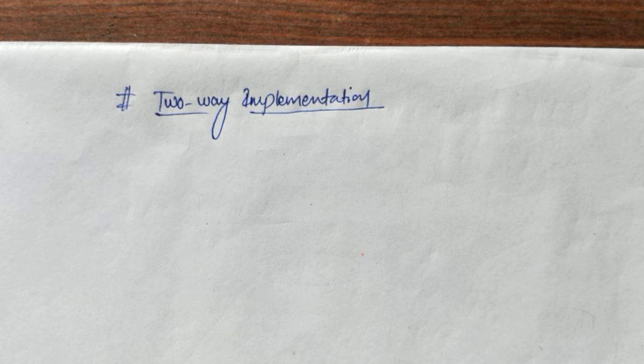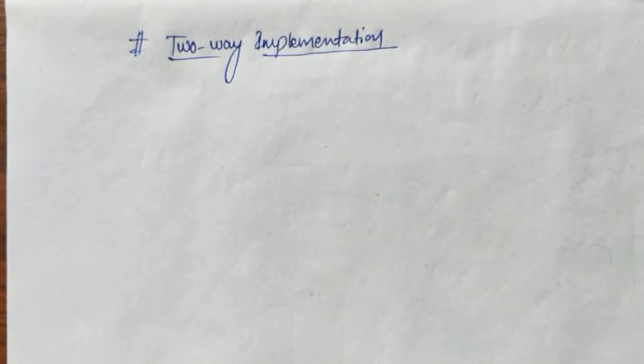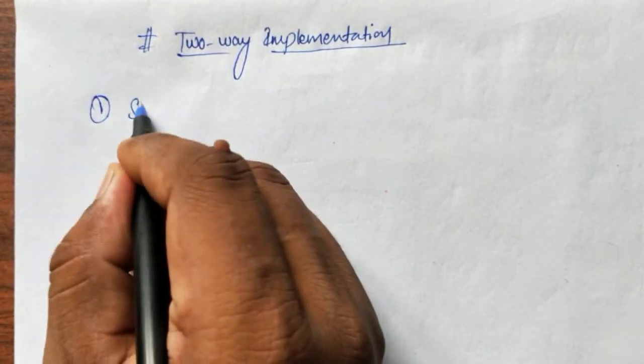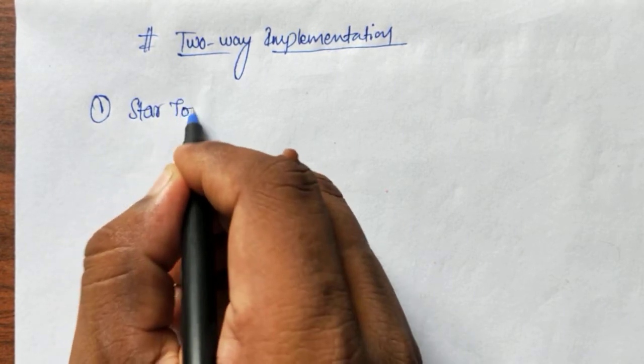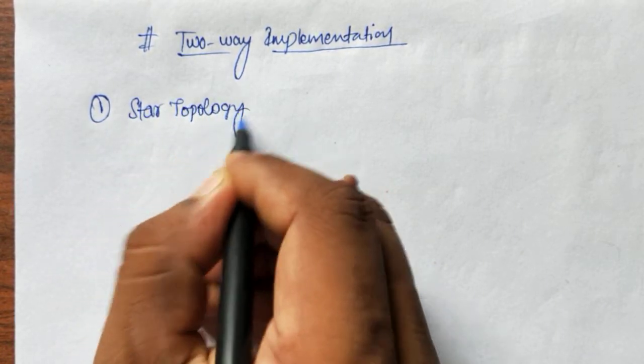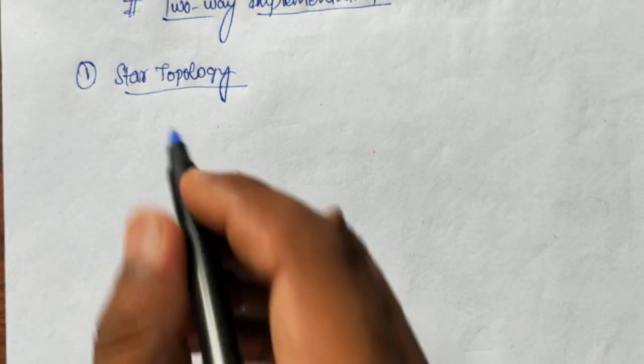So two topologies are implemented, that is star topology and mesh topology. Let's take the first one, star topology. Here all the traffic is routed via the master control system.